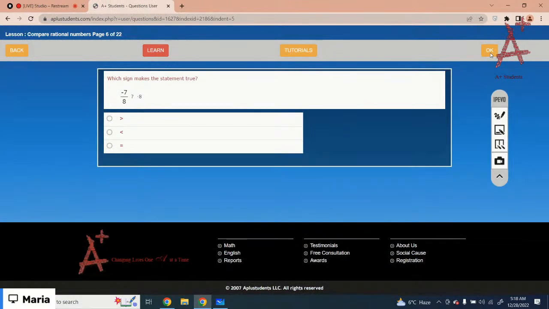Okay, the next one is negative 7 by 8 and negative 8. So which of the options is the correct one?